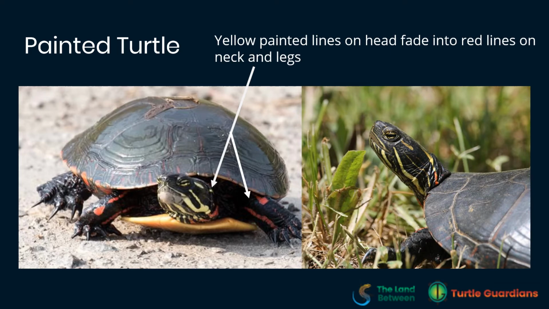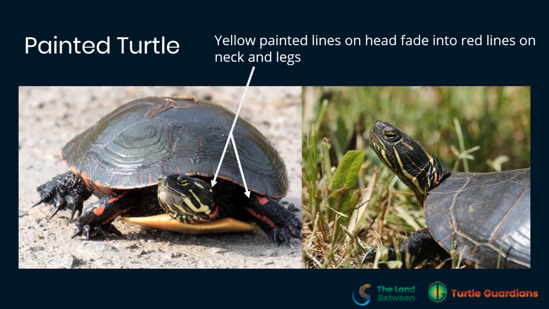So when identifying this guy, the main thing you want to look for is these painted stripes along his skin that are so beautiful. So they're yellow along its head, and then red along his legs, and then also you have these beautiful red blotches along his marginal scutes, which are those small plates that outline the edge of his carapace.